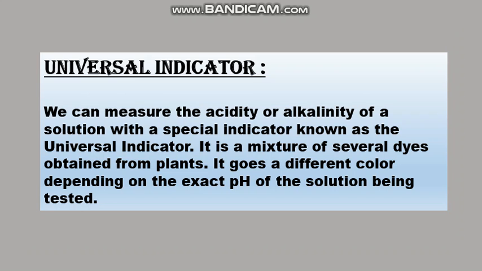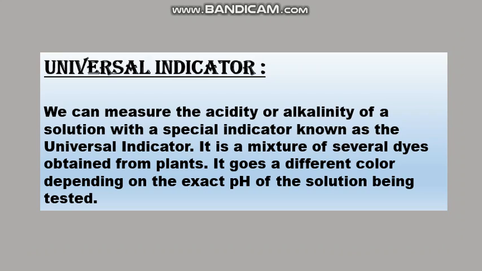Universal indicator. We can measure the acidity or alkalinity of a solution with a special indicator known as the universal indicator. It is a mixture of several dyes obtained from plants. It goes a different color depending on the exact pH of the solution being tested.